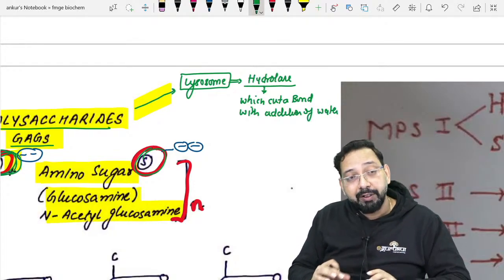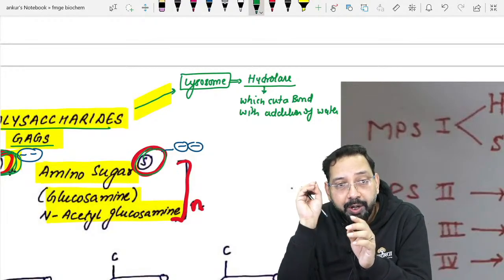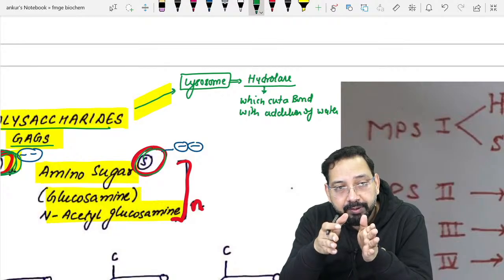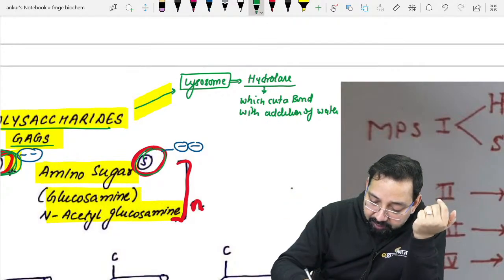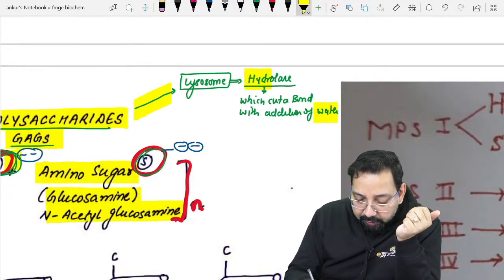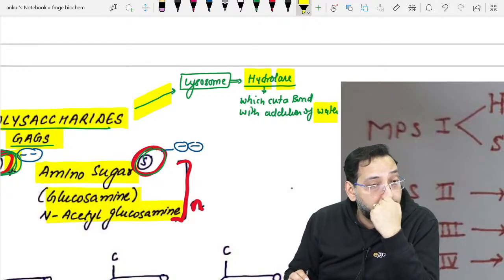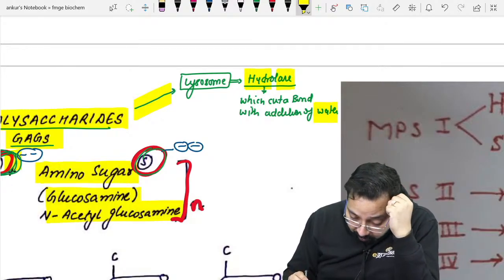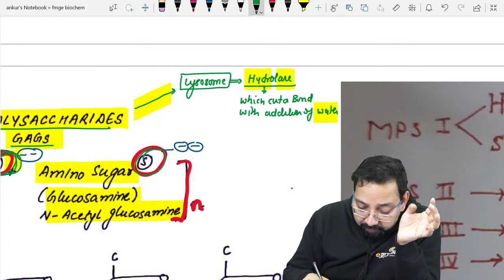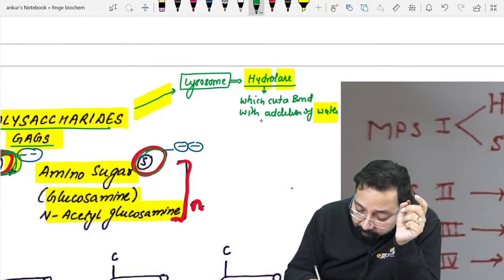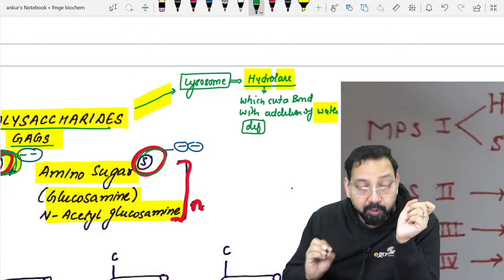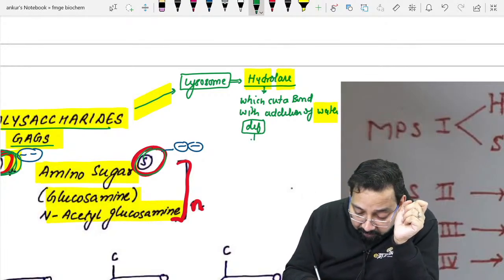When you want to cut a bond and you add water, meaning you are cutting a bond with the help of water, then it is hydrolase. The name itself tells you, hydro means water, lase means cutting, cutting a bond with the addition of water. So there are so many types of hydrolase in the lysosome. If a hydrolase is deficient, then these mucopolysaccharides will not be degraded and they will accumulate.